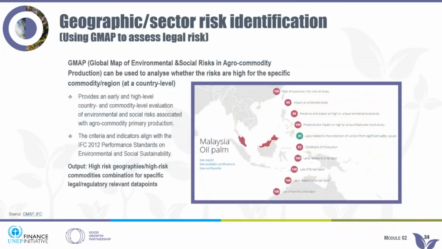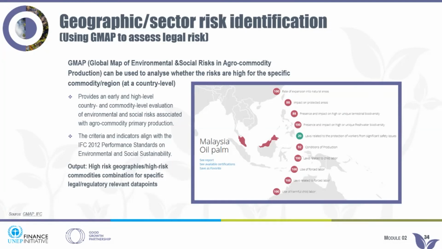We've seen this slide before from Rodrigo's overview of reputational risk. This is a GMAP tool again. And similar to reputational risk, it can also help you identify legal risk in a geographic and sectoral context. And I think here, the selection of this tool will depend on your existing capacity, your strategy, your available data, and your initial assessment of loan books.